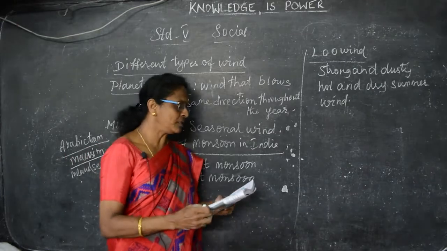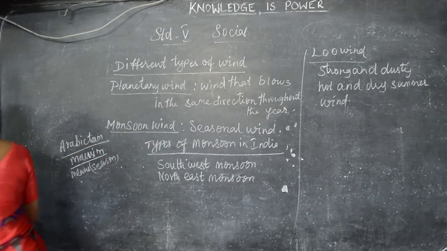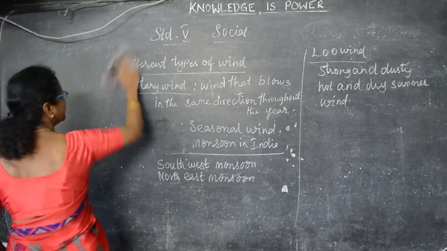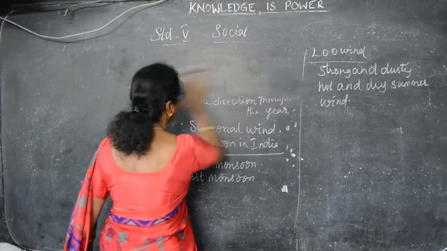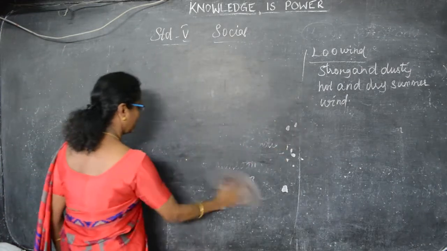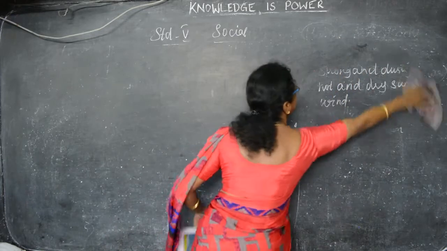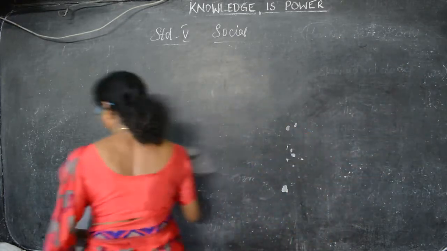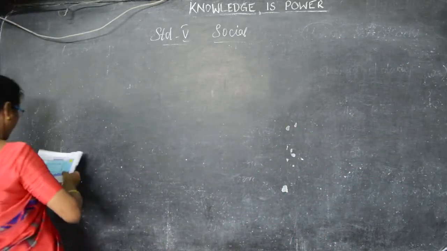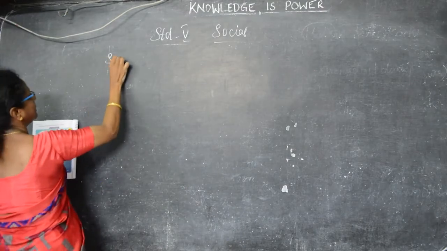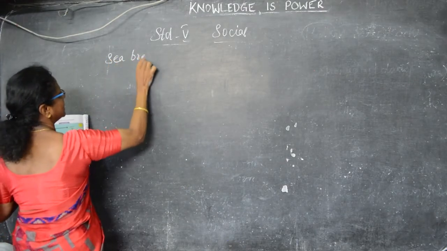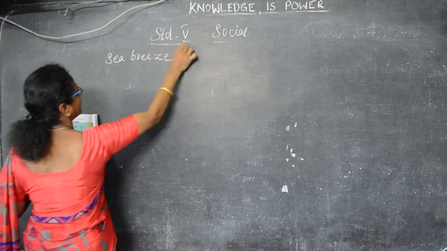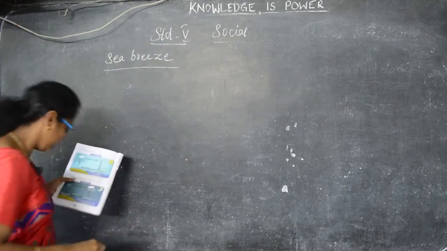The next one is sea breeze. You know the sea breeze. When you are going to the beach, you can feel the breeze, chill and nice. So that is sea breeze, and there is also land breeze. What do you mean by the sea breeze?